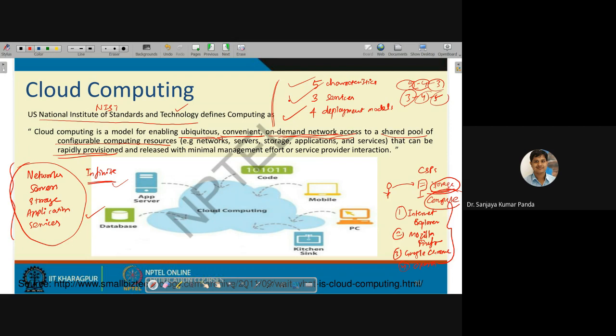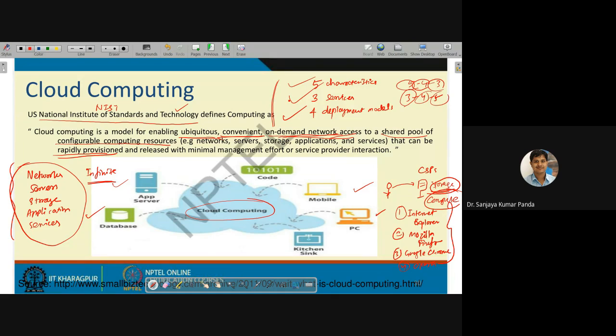If you want to develop a particular application, you can focus on the development rather than on how to deploy the application. You need not worry about the deployment part, you have to focus only on the development of the applications. And any device, whether it is a mobile phone or a personal computer, can use the services provided by cloud computing, right?